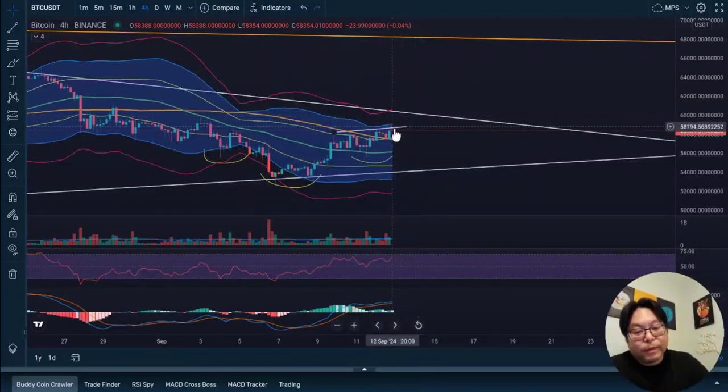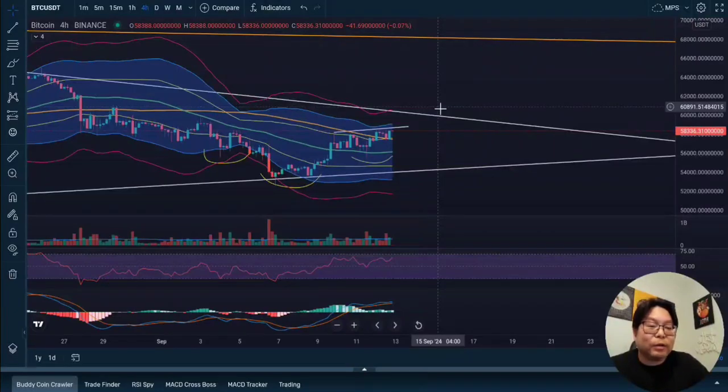So meaning, once this goes above this line, we're going to wait until it reaches here and see if it breaks this line. When it breaks this line, that's when you can actually start looking into buying, because there is a high probability once we break 60,300 around there, we're going to go straight up to 68.